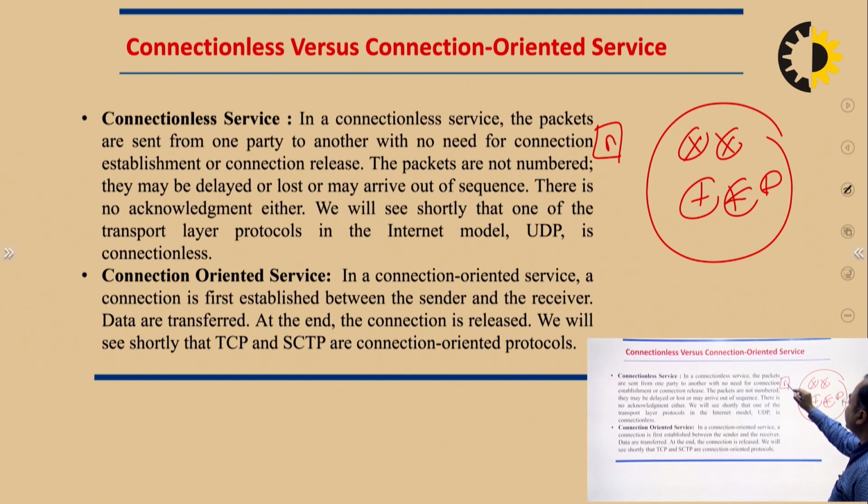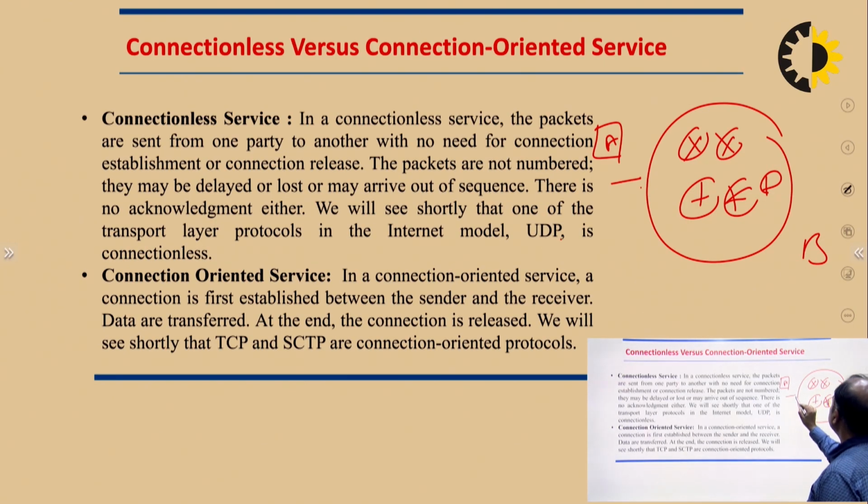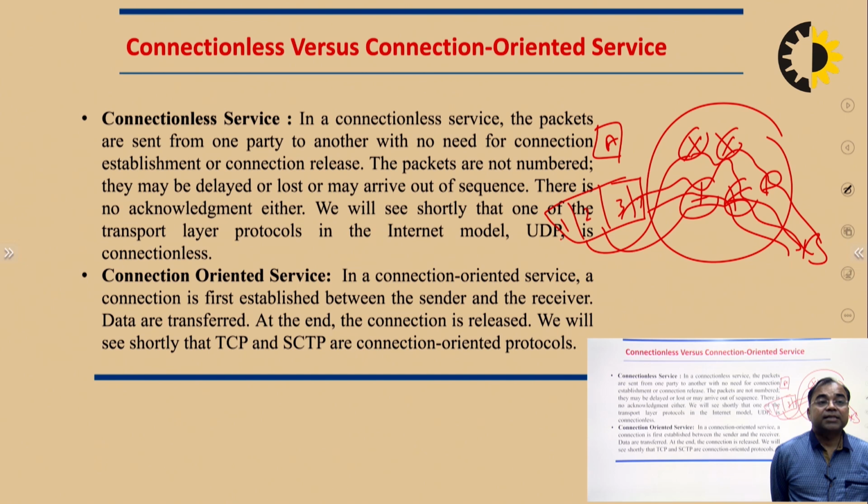The data packet from system A to system B is divided into a number of packets: 1, 2, 3 and 4. These packets are sent over this network. This one takes the shortest route, this takes a medium route. So these are the different routes by which we are sending the data. There is no sequencing, and there is no need for acknowledgement either.